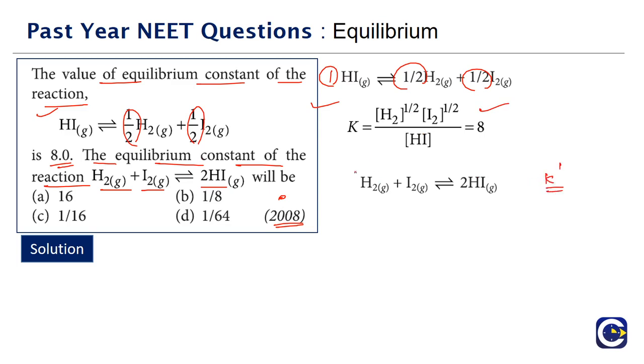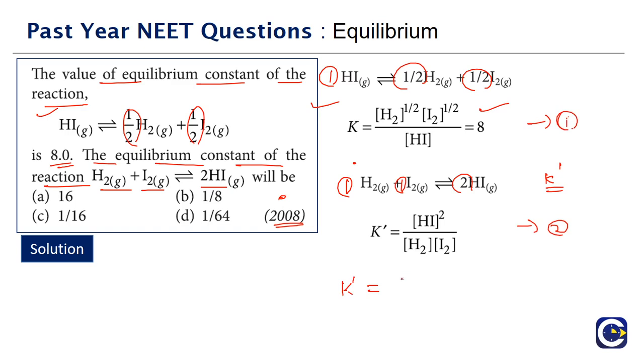Here the product's numerical coefficient is 2, and both reactants' coefficients are 1. So K dash will be equal to HI square divided by H2 into I2. Let's call these expression 2 and expression 1. If you compare both these expressions, we see that K dash is nothing but 1 by K square, because if you take the reciprocal of K and square it, we get K dash.